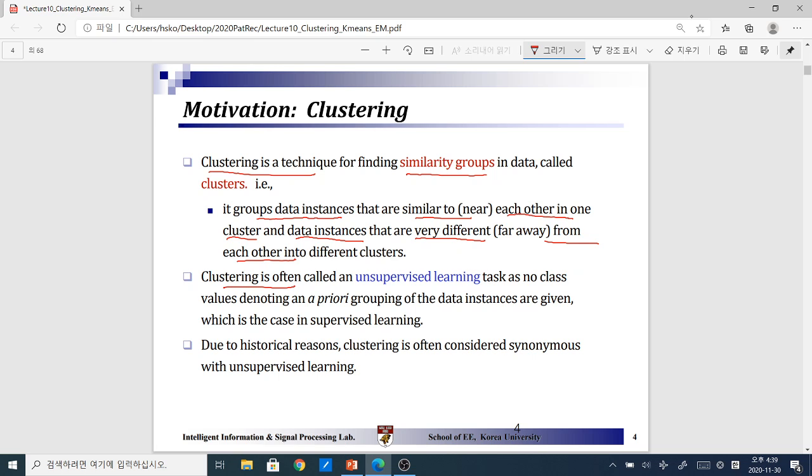Clustering is also called unsupervised learning because there are no label values associated with each of these data instances. Due to historical reasons, clustering is often considered synonymous with unsupervised learning.